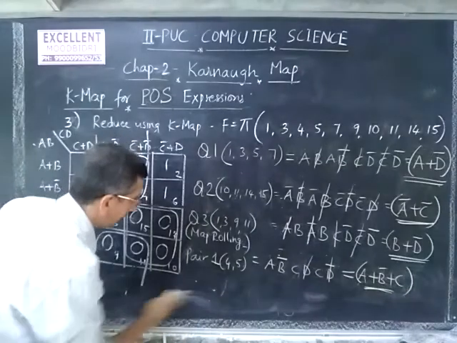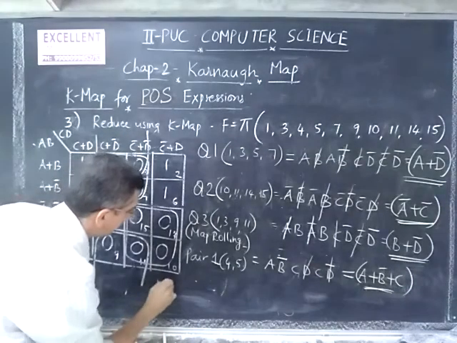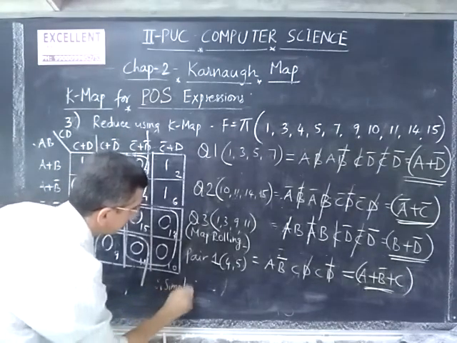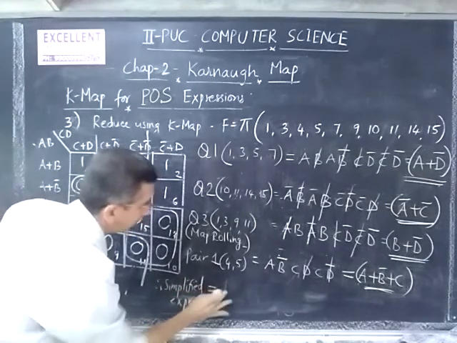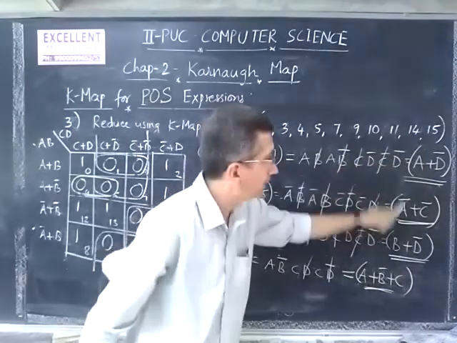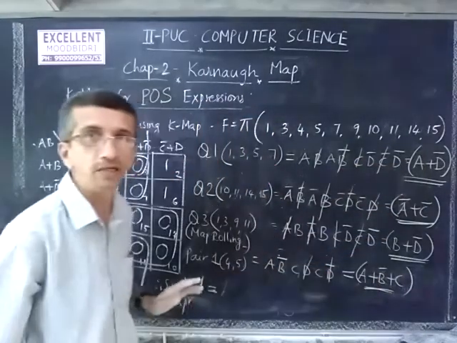Therefore, the simplified expression is equal to, now multiply all the terms got by individual groups.